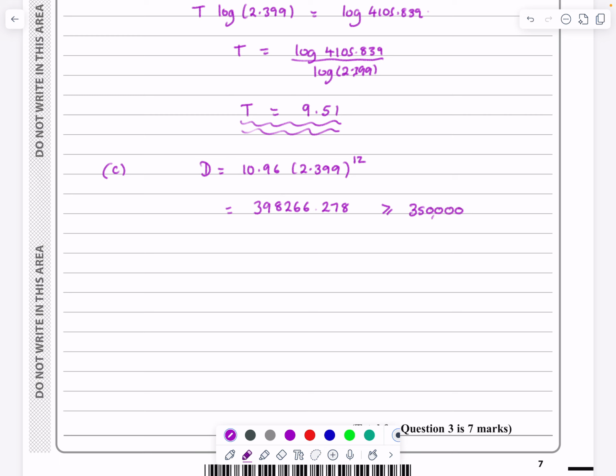So after 12 months I got 398,000. So just put that in words, I guess. After 12 months, they have 398,266. Therefore, to answer the question: yes, they have achieved their aim.